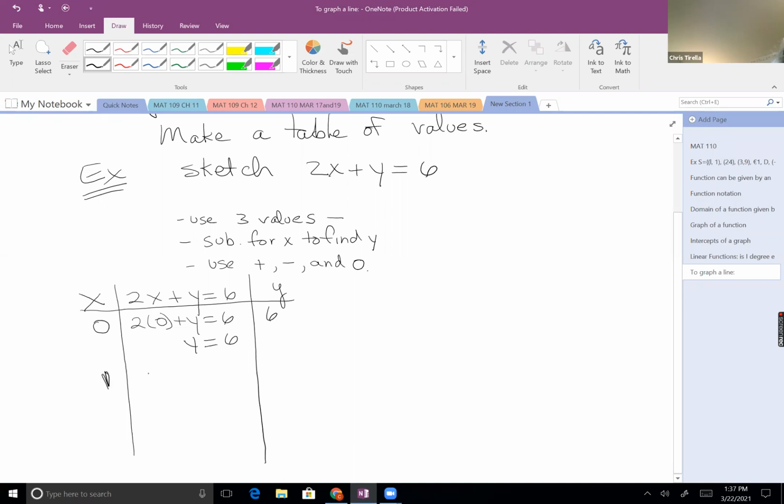When x is 1, I get 2 times 1 plus y equals 6. Well, if 2 plus y equals 6, y would be 4.